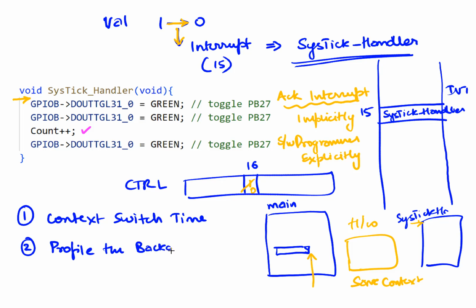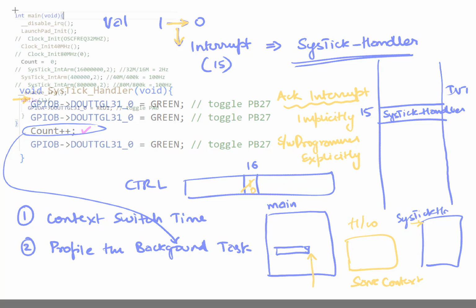So the time between the second and third toggle would then measure how long the task took. Yes, this is our background task, and we want to know how long it took. So all these things we are doing are going to facilitate measuring these two. Let's take a look at our main program now.